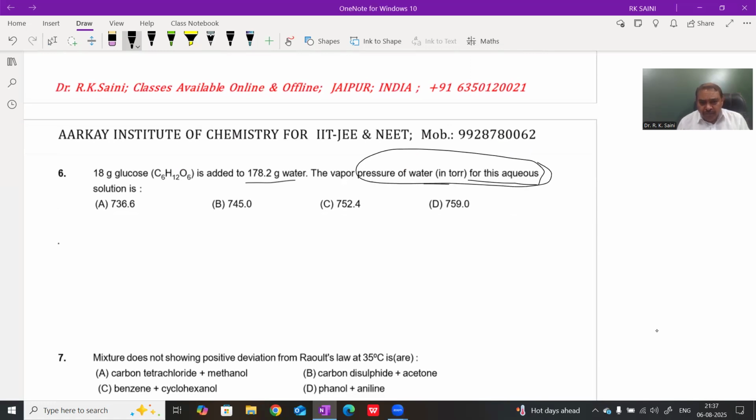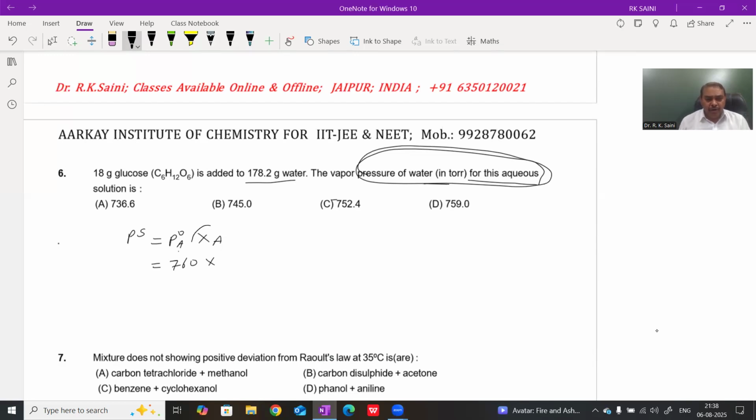We use Raoult's law, and the vapor pressure of solution is directly proportional to mole fraction of volatile component. Volatile component means solvent. And hence vapor pressure of solution equals P naught A into XA, where P naught is the vapor pressure of water. If nothing is given, the vapor pressure of water is taken to be 760 mm, meaning 760 torr or 760 mmHg.